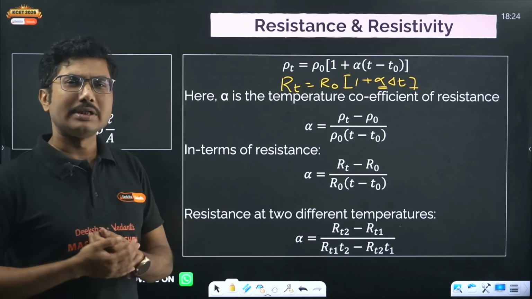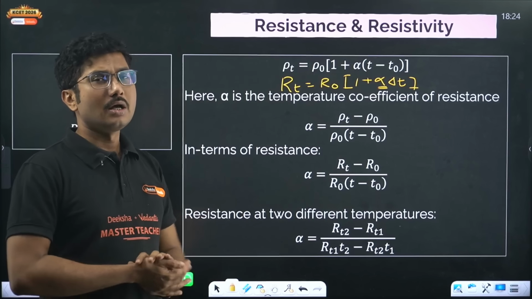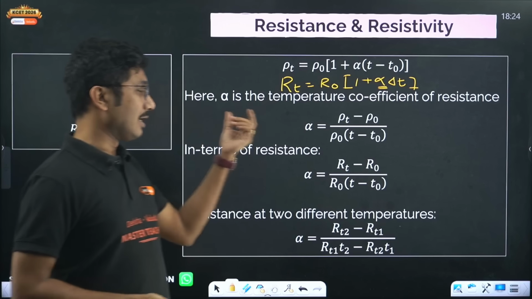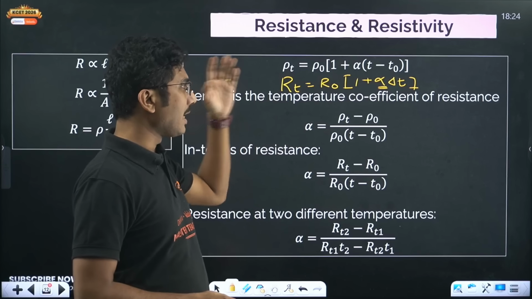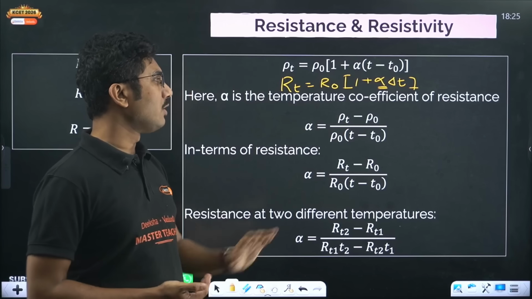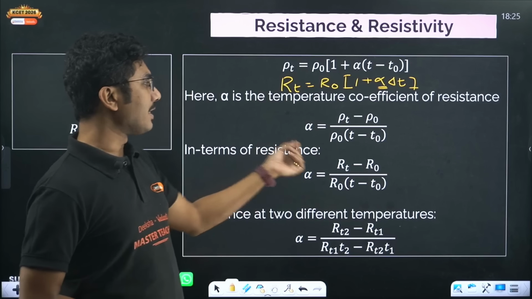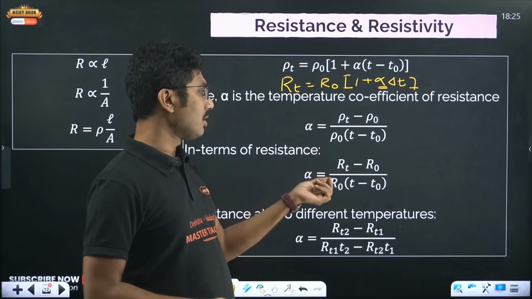So you can write the same terms in terms of resistance as well. Now coefficient of resistivity normally is given by (rho T minus rho naught) by rho naught into (T minus T naught). But in terms of resistance, it is (RT minus R naught) by R naught into (T minus T naught).